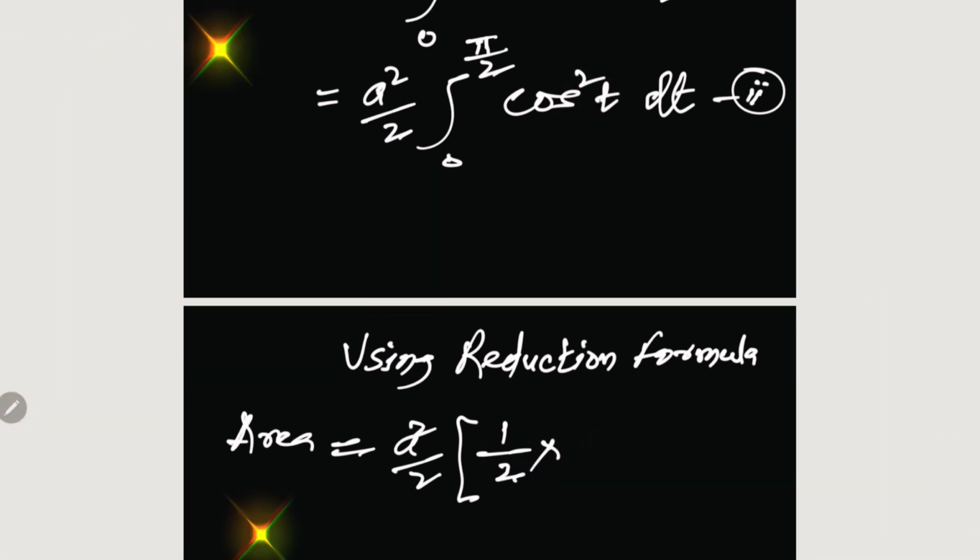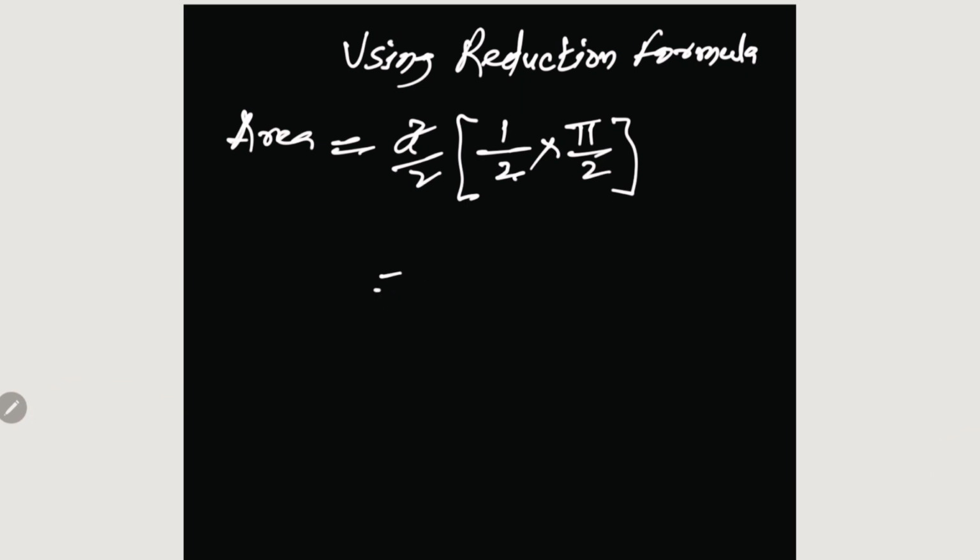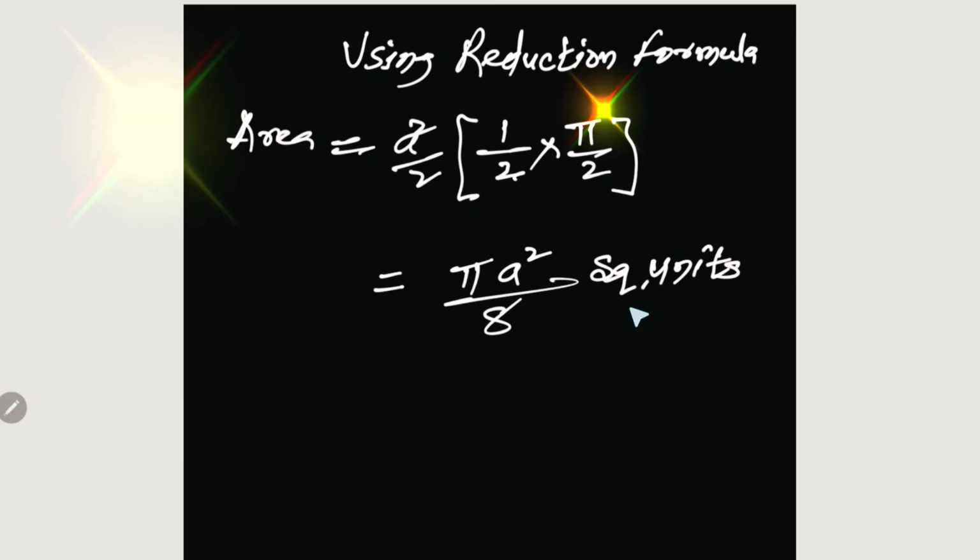And into k, as it is an even number, we multiply by pi by 2. Simplifying it, we get the answer as pi a square divided by 2 times 4, that is 8. Therefore, pi a square by 8 square units, as it is a problem of area. Square units is the final answer, the value of that area.